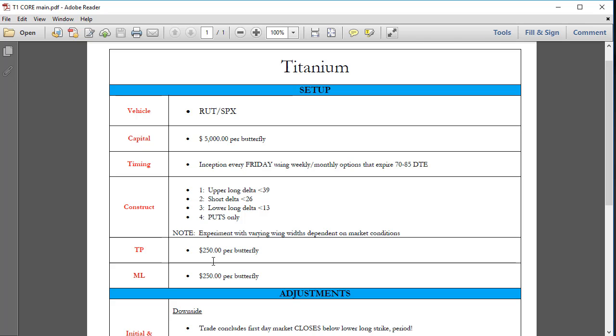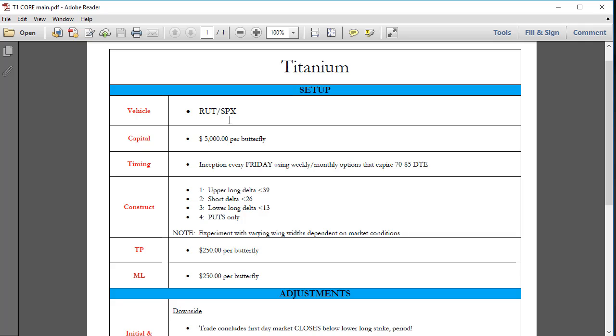And if you have a 1-to-1 risk reward ratio there, I assure you this trade wins, and you'll see that in the example video. This trade wins much more than 50% of the time if it's managed appropriately.